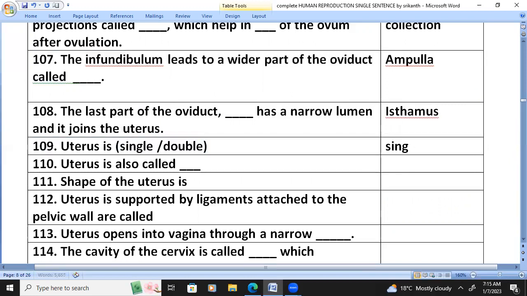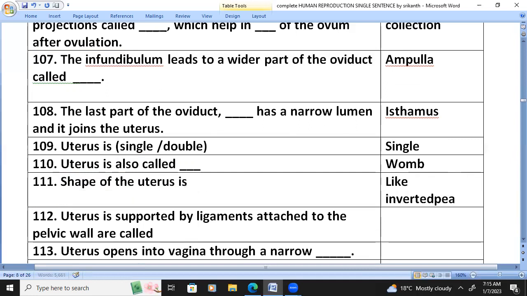The uterus is single. The uterus is also called the womb. The shape of the uterus is like an inverted pear. The uterus is supported by ligaments attached to the pelvic wall called the mesometrium. The uterus opens into the vagina through a narrow duct called the cervix.